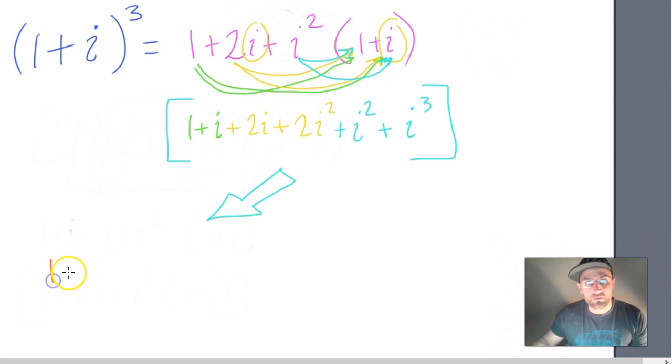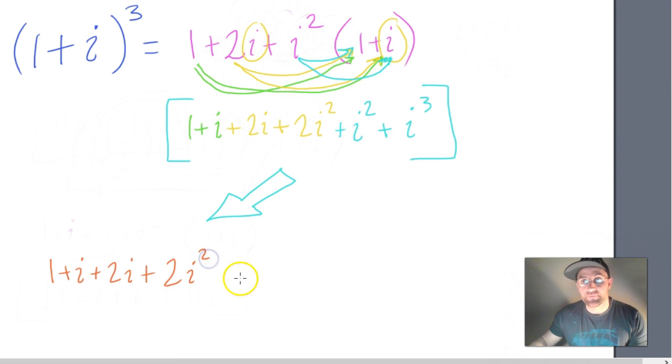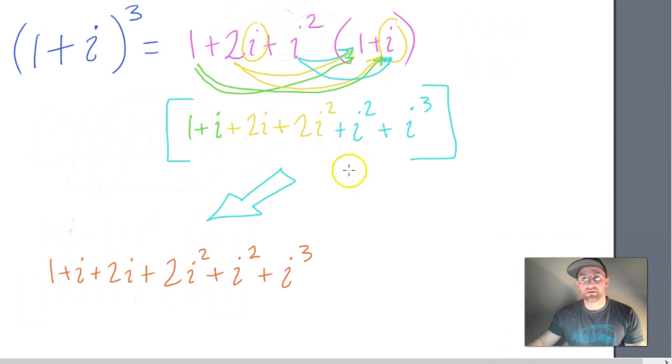We're going to have 1 plus I plus 2I, plus 2I squared, plus I squared, plus I cubed, right? Does that look right? There's our 1 plus I plus 2I plus 2I squared plus I squared plus I cubed.